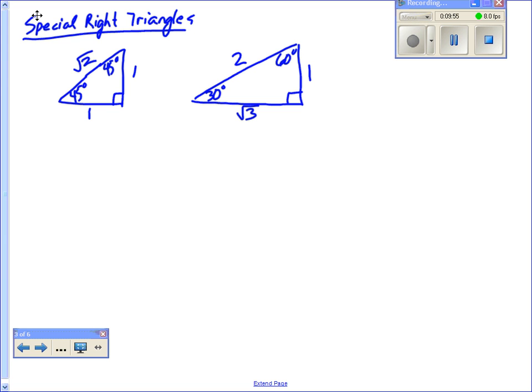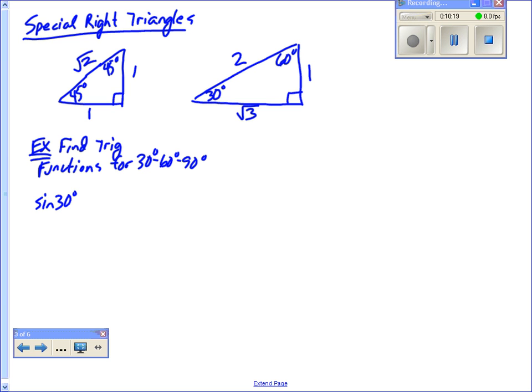Okay. So let's go ahead and find the trig functions. We'll do a few of the trig functions for the 30, 60, 90 special right triangle. So let's find the sine of 30 degrees.